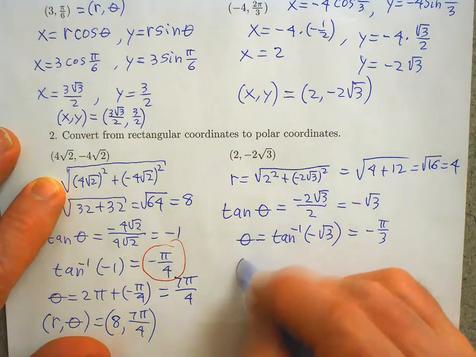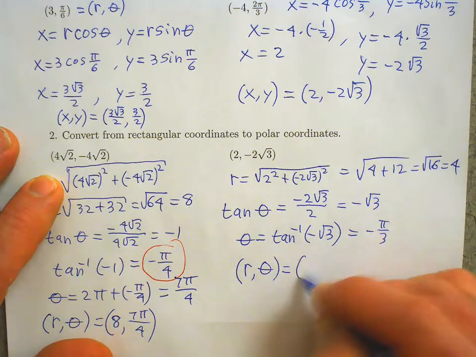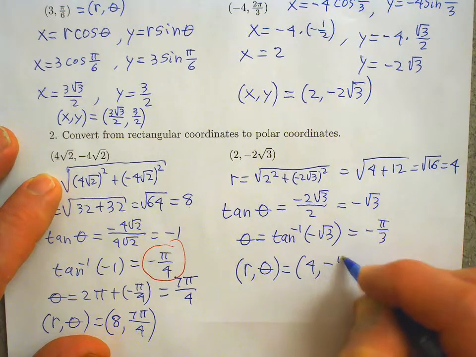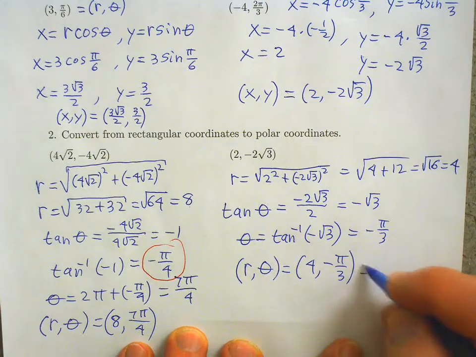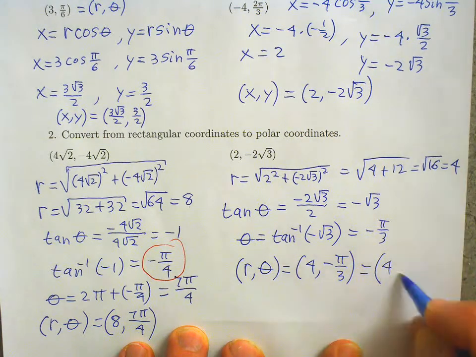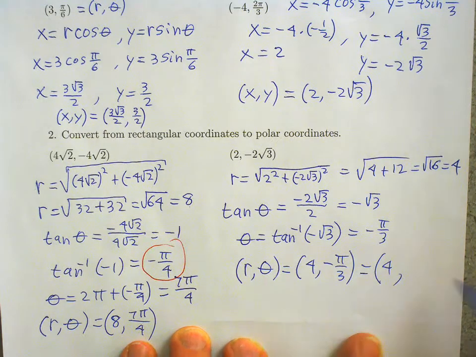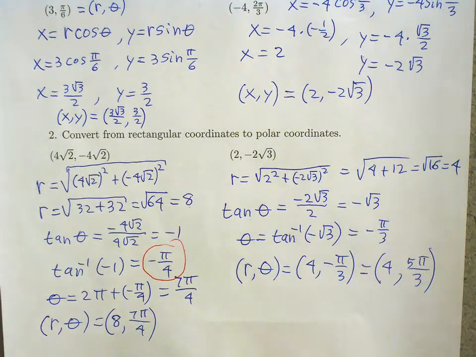So we could write the polar coordinates r, theta as 4 for the r value and negative pi over 3 for the theta value. But if you want to add 2 pi to negative pi over 3, you can write theta as 5 pi over 3. But either one is okay.